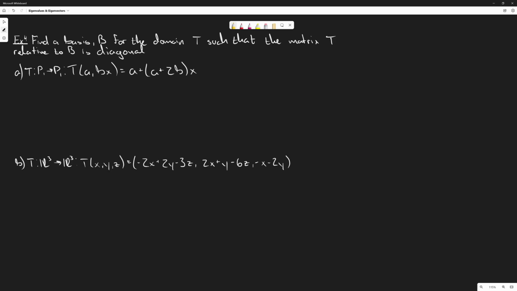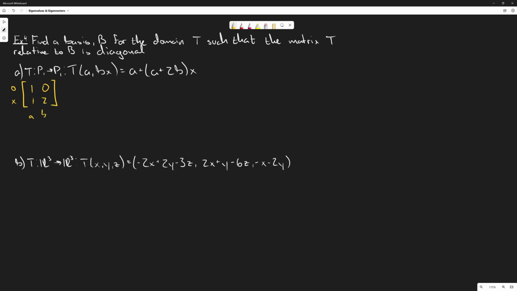We'll do a little bit of review with polynomials on how to put them in a matrix. Remember, when converting polynomials, this will be your constant and this will be your x. So we do 1, 0, and then 1, 2, because this is your a and this is your b.